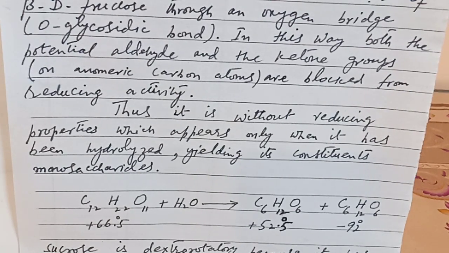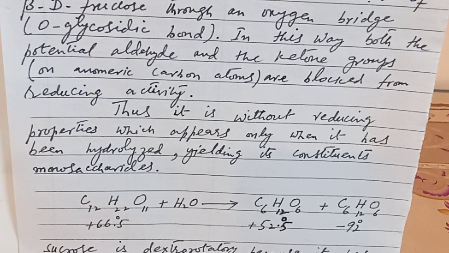Okay. So this is the chemical reaction of sucrose hydrolysis. Sucrose, as you know, has the empirical formula C12H22O11. Before hydrolysis, this sucrose is dextrorotatory. When this sugar is hydrolyzed in the presence of water, what will happen?